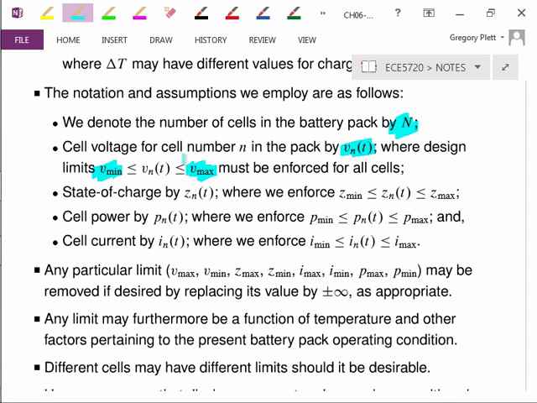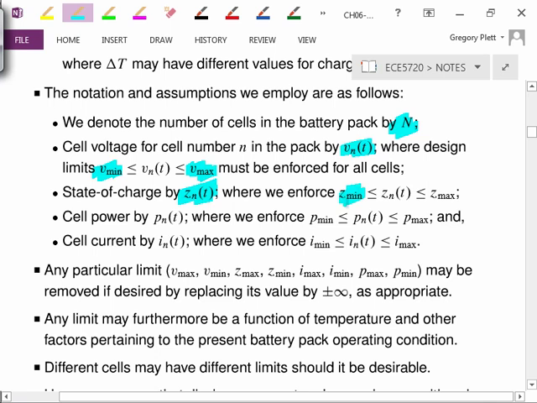The state of charge is Z sub n for cell n, and there are again limits on that. The power is P sub n with limits on that. Current is I sub n, and there are limits on that.